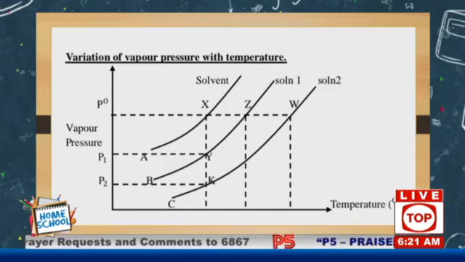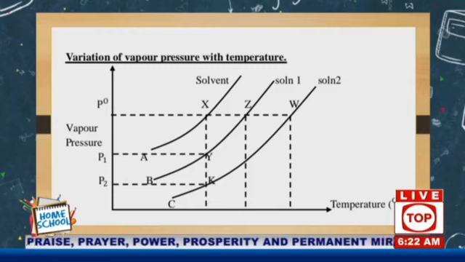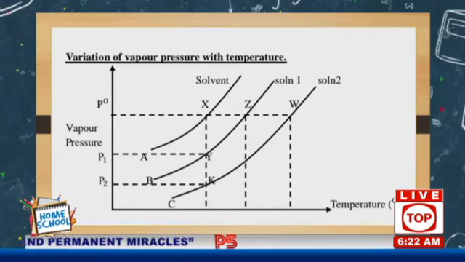If you look at it, it is almost becoming a straight line. Once we say that, AX, BZ, and CW will be almost approximating to a straight line.